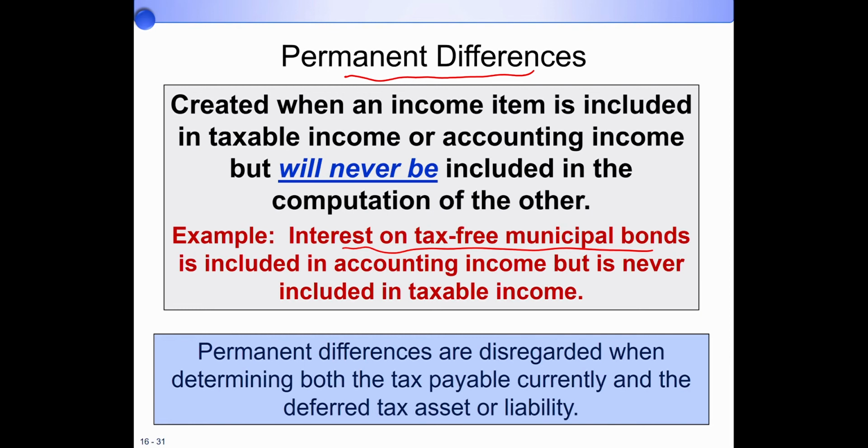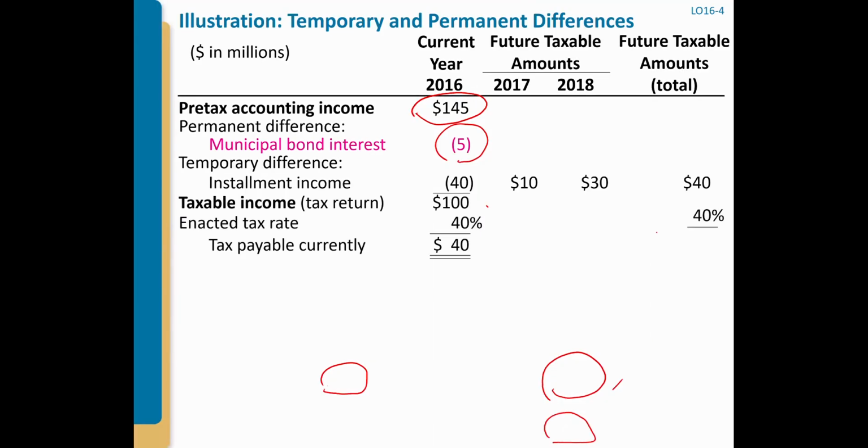Temporary differences are much easier than permanent differences. For permanent differences, you just exclude it, and it will not be a future taxable amount. Just exclude it to calculate taxable income.